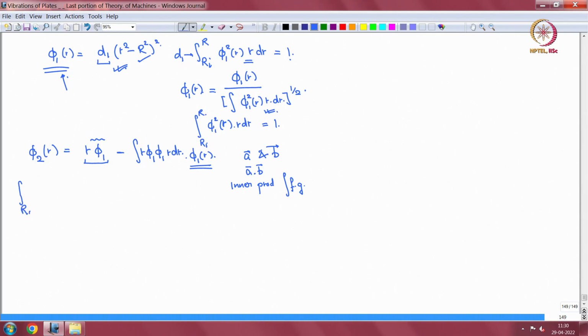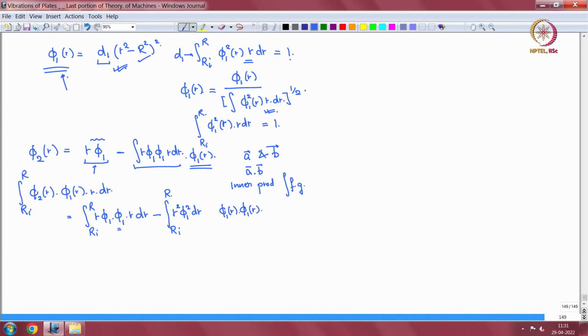So if I do the inner product from inner to outer, phi 2 r into phi 1 of r dr, then I get the integral from r I to r of the term r phi 1 into phi 1 into r dr minus, this is already integrated, the integral from r I to r of r square phi 1 square dr, and now I have phi 1 r multiplied by phi 1 of r, just as I did here, bring and integrate from r I to r.